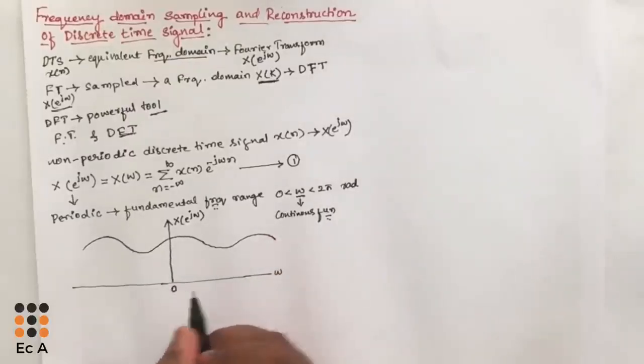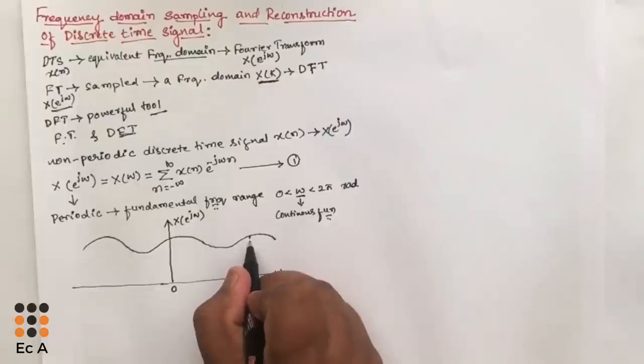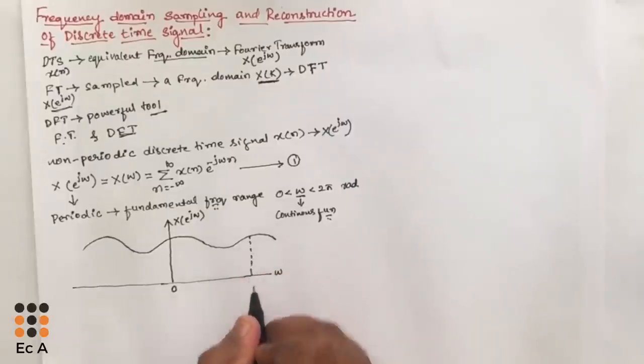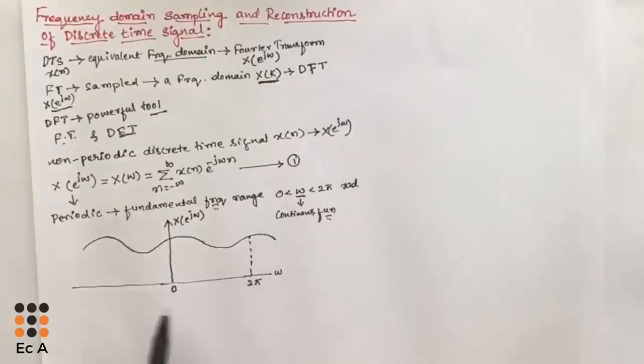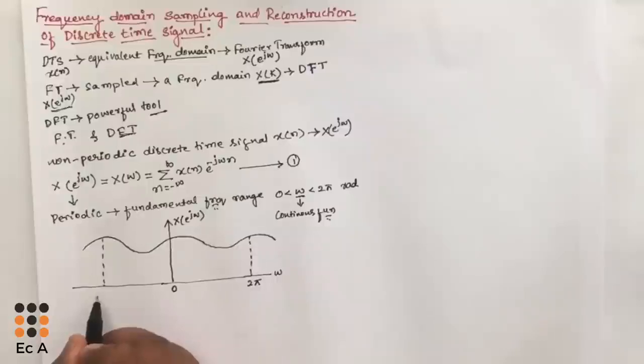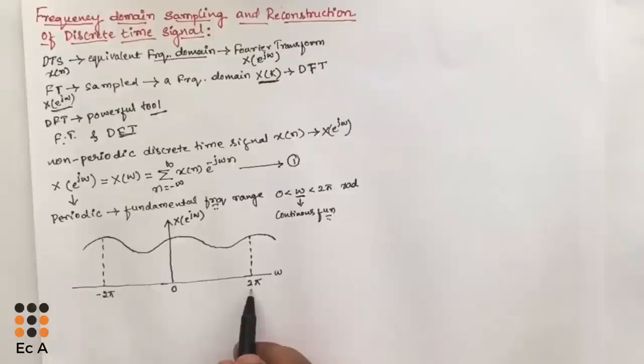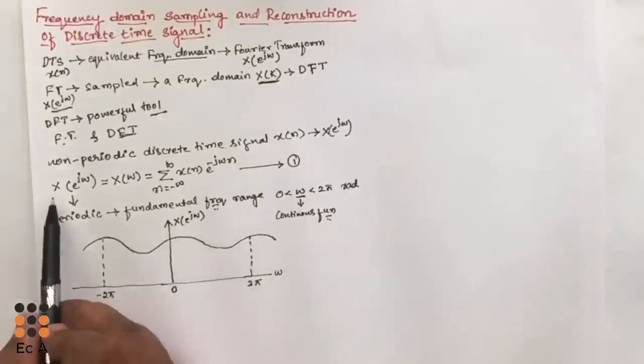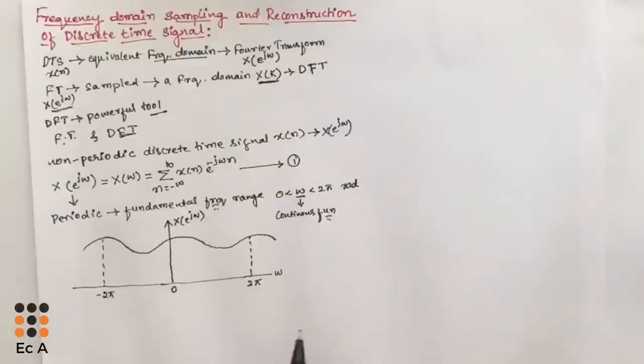So after each interval 0 to 2 pi the signal will be repeating. So this is towards the right hand side, towards the left hand side it will be minus 2 pi. So 0 to minus 2 pi, here 0 to pi. So this is the graphical representation of X of e to the power of j omega.